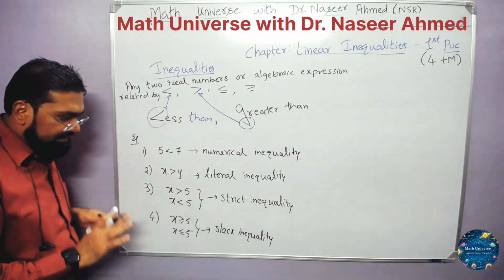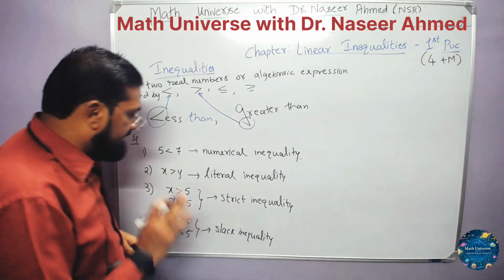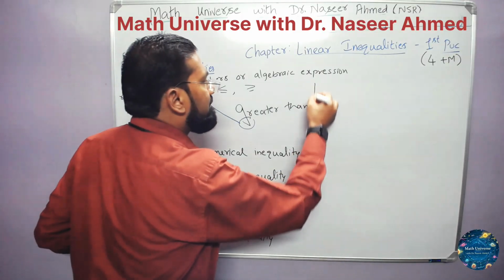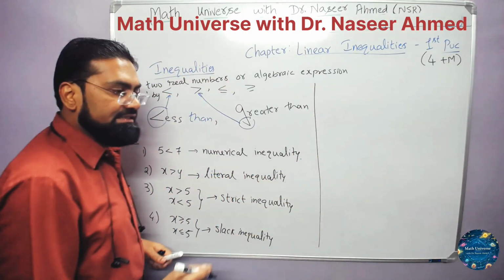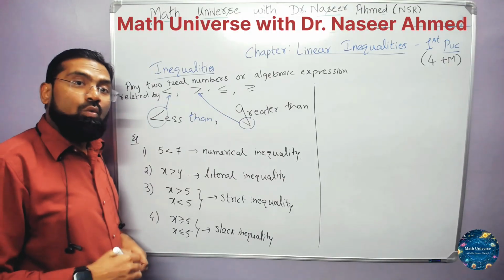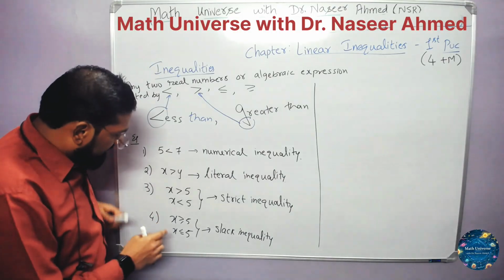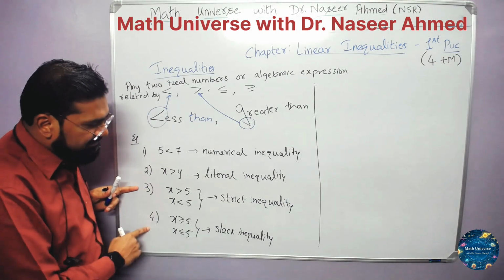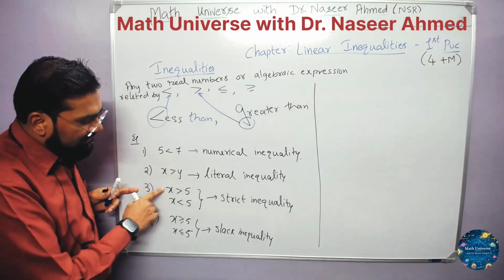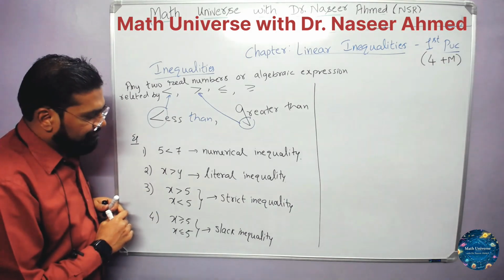Next, having understood this, the next part is inequalities with respect to one variable or more than one variable. Whatever I have given, the third and fourth, is with respect to one variable, and the variable is x.